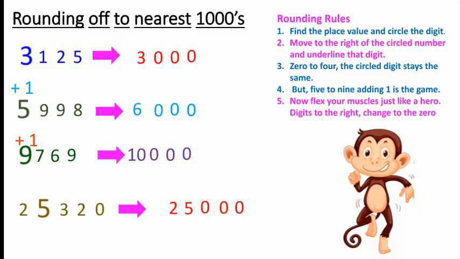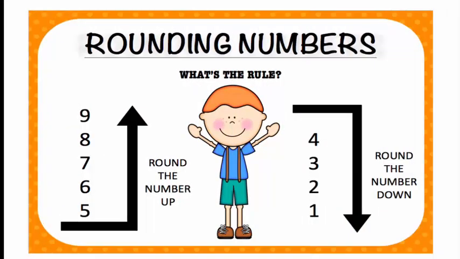Clear this much? Now come to the rounding of numbers rule. Here we will recapitulate the rules we have learned for rounding off numbers. Clear, children? So first of all, what was our rule? First, we circle the digit for whichever place we wish to do the rounding off.